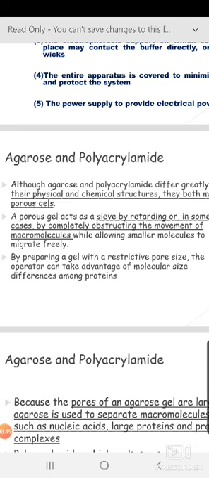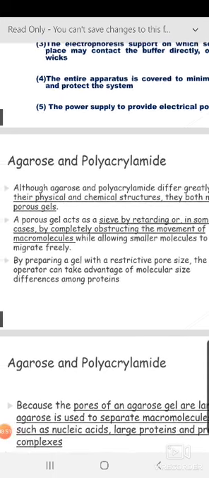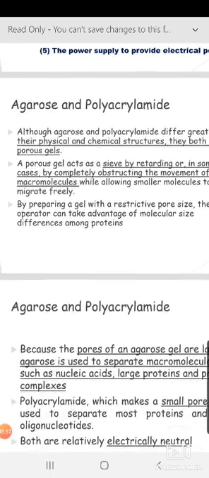By preparing a gel with a restricted pore size, the operator can take advantage of molecular size differences among the proteins. When we discuss protein separation by polyacrylamide gel, it will be much clearer. It will only depend on the molecular weight if I somehow make the protein charge the same for all the proteins.